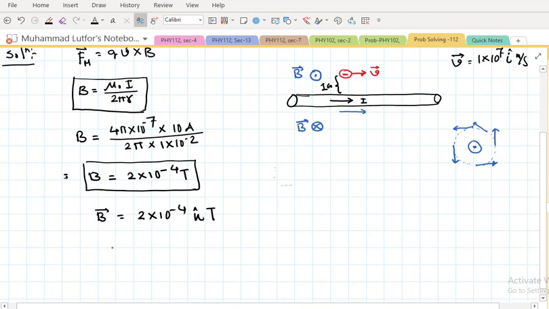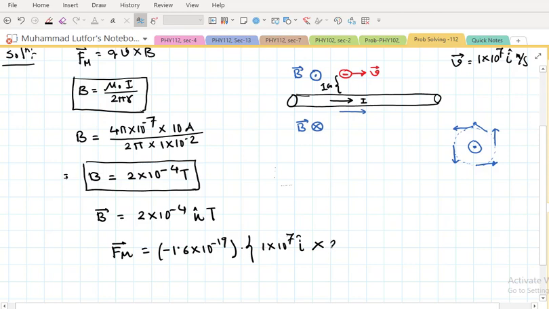The force on that electron would be the charge of this electron, which is minus 1.6 into 10 to the minus 19, into, I have to use the cross product, V, which is 1 into 10 to the 7 i hat, cross the magnitude of the magnetic field, which is 2 into 10 to the minus 4 k hat.